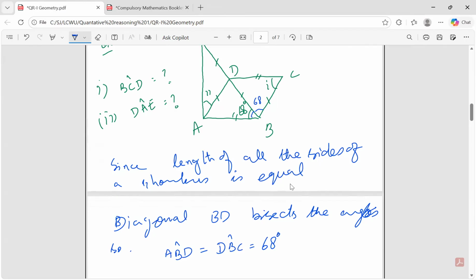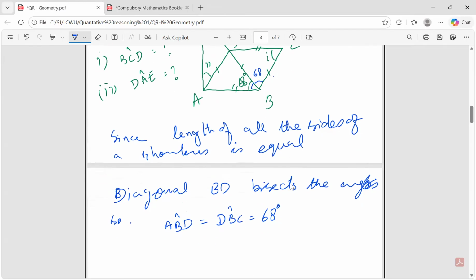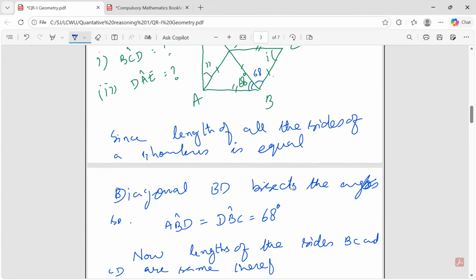And since the lengths of the sides BC and CD are the same, their corresponding angles must be the same.